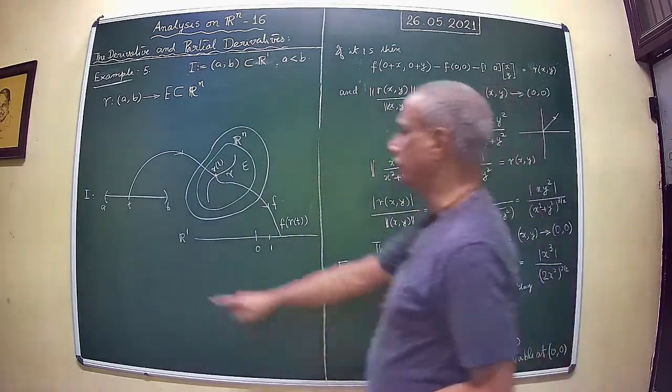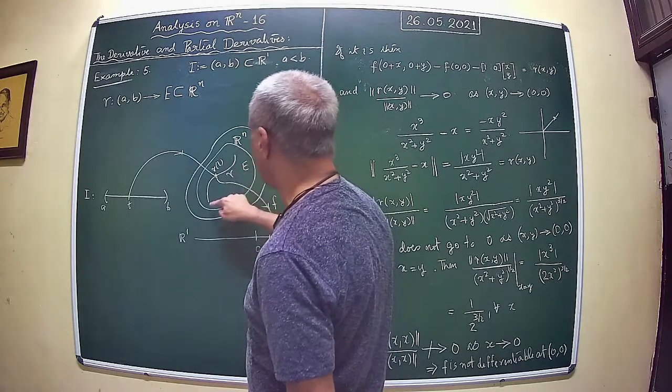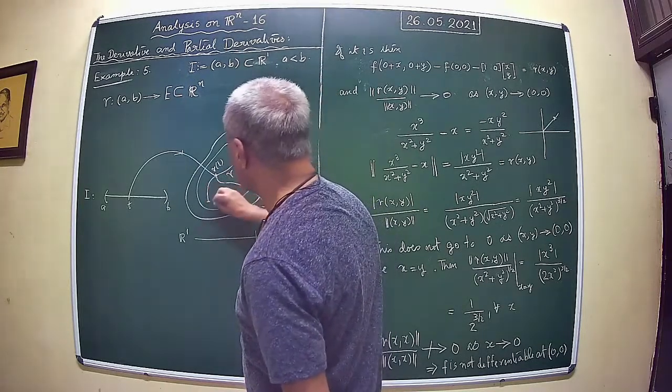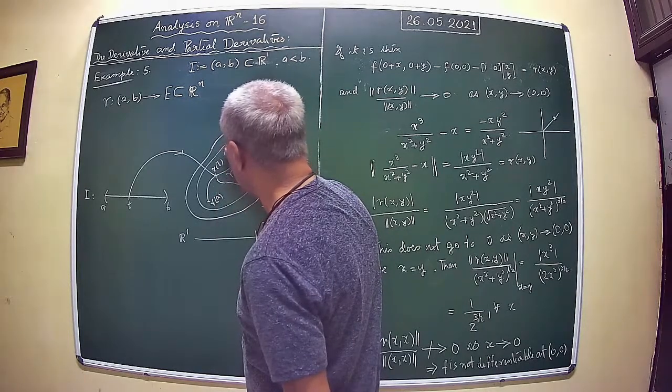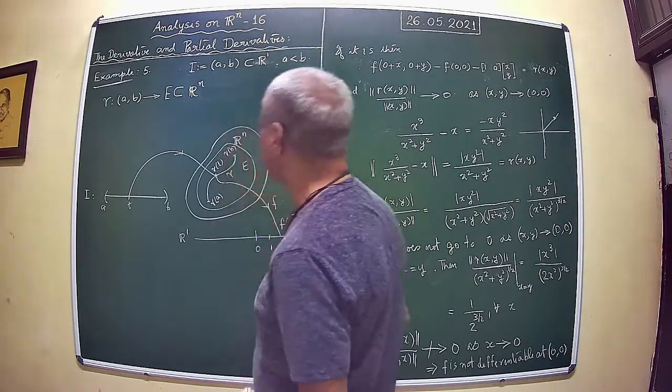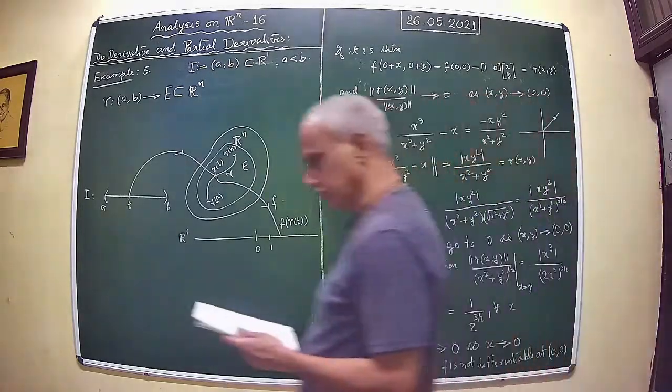So as t varies, the point on gamma moves from one end to the other. If you call this gamma A, this you call gamma B.